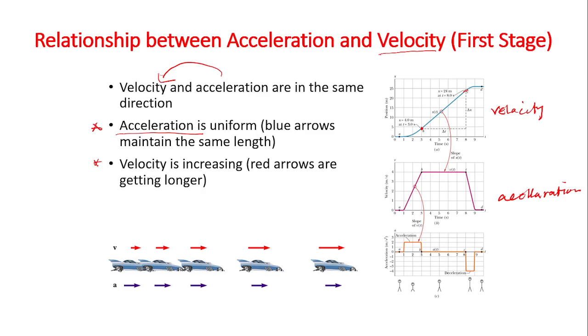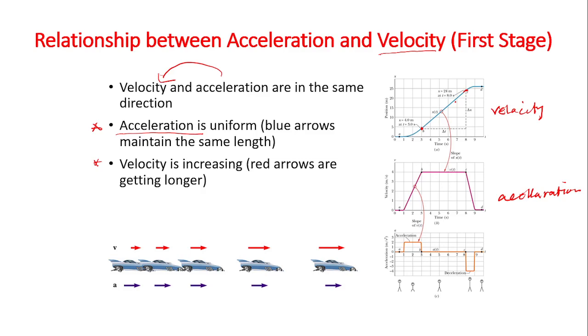Then, when the velocity is increasing, you are going to have a constant acceleration. I'm repeating that: uniform acceleration is equal to 0 and is the same as constant velocity.